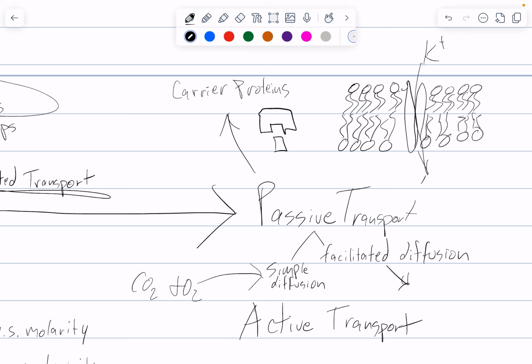It will need a specific molecule that fits exactly right in there for it to bind. And then once it's bound, it'll open up, it'll have a new spot for a different molecule to bind. For example, if we have a molecule that looks like this, it would bind.